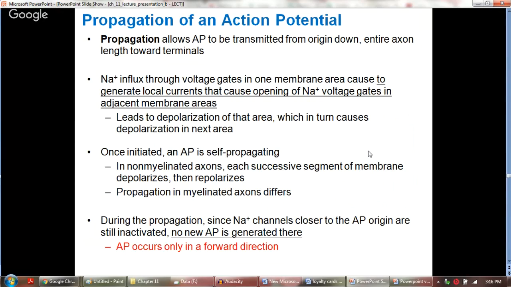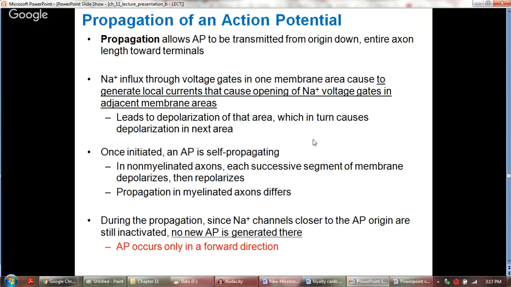So once an action potential is generated, it has to propagate, it has to move forward. The propagation allows the action potential to be transmitted from the origin down along the entire axon towards the terminals. The sodium influx through voltage gates in one membrane area generates local currents that cause opening of sodium voltage gates in the adjacent membrane area.